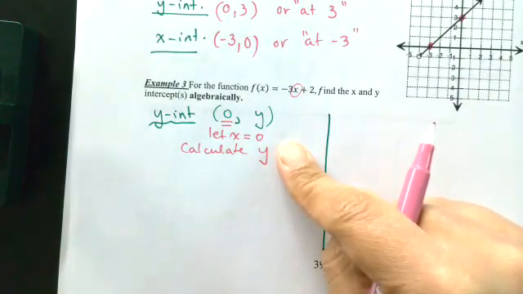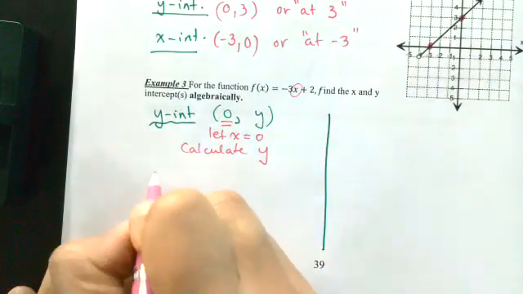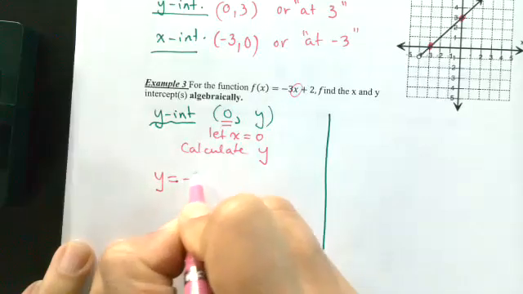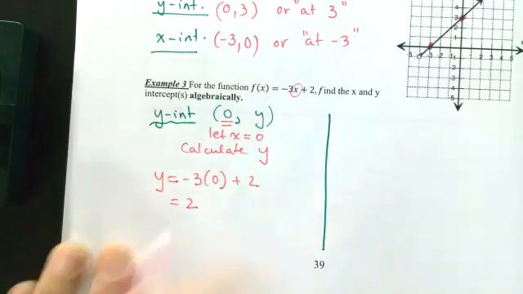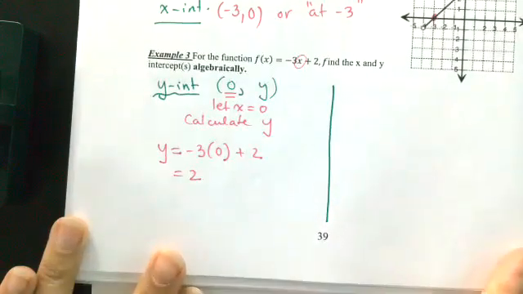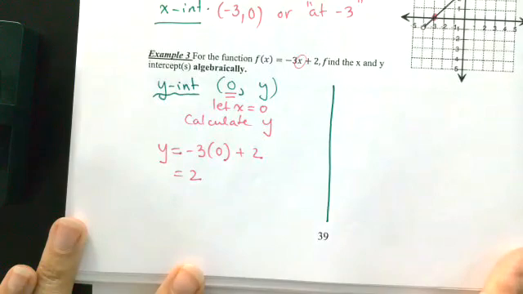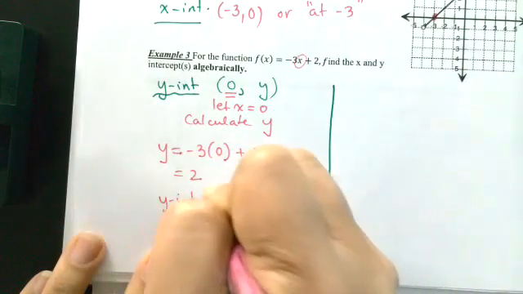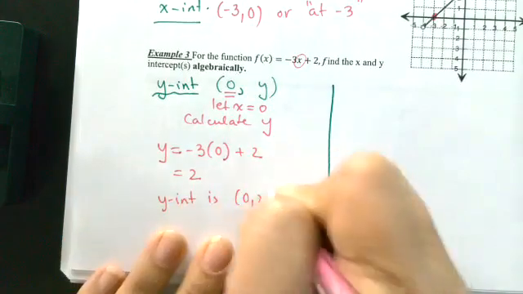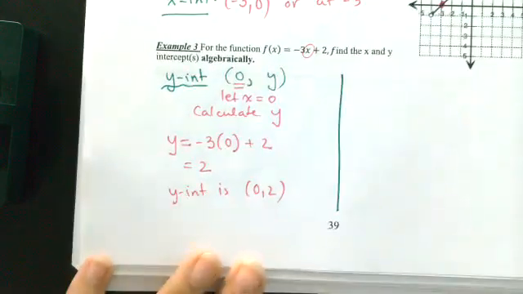Then I do what I said I'm going to do. y equals -3 times 0 plus 2 equals 2. So I've calculated the y-intercept to be 2. The y-intercept is 2, or the point 0, 2.